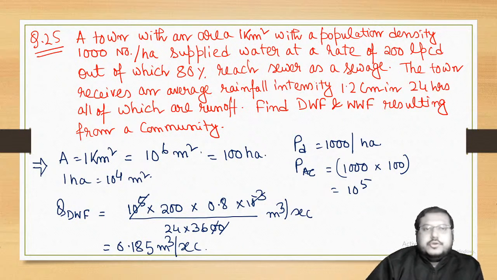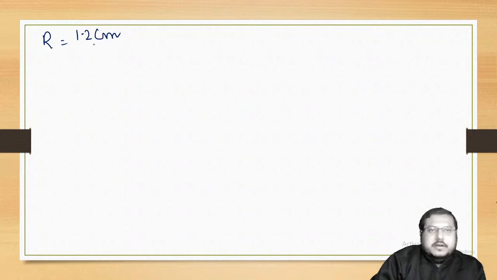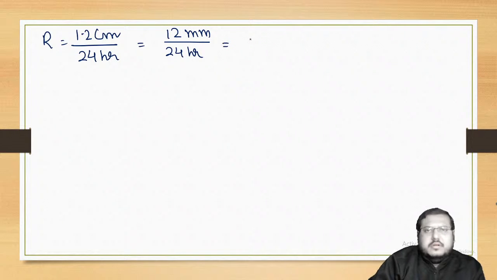Now, it's told that it receives 1.2 centimeter in 24 hour. It's 12 mm per 24 hour, that is 0.5 mm per hour.